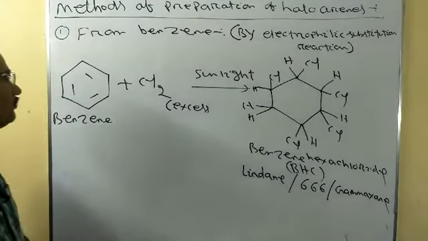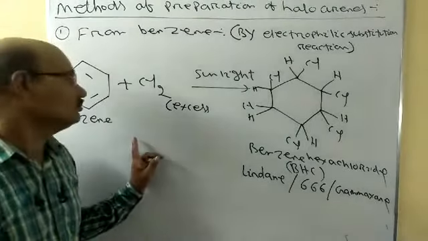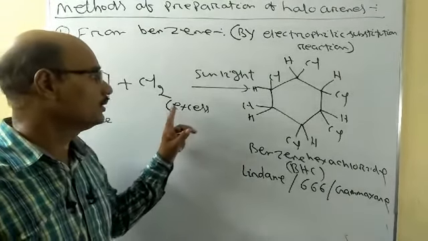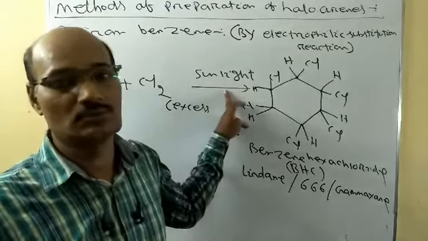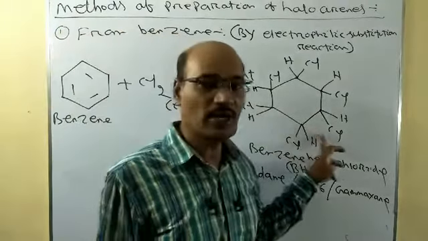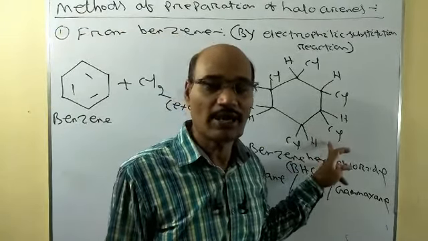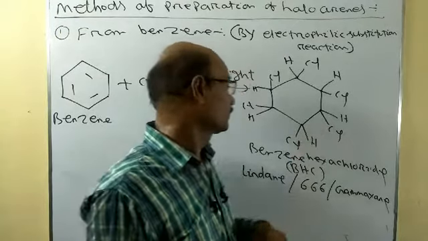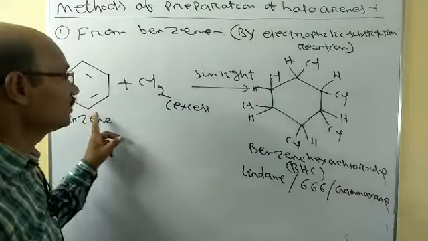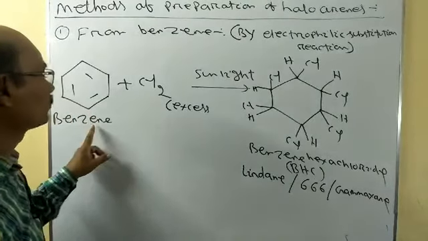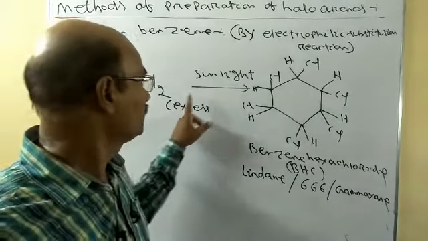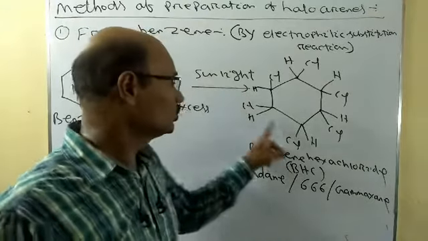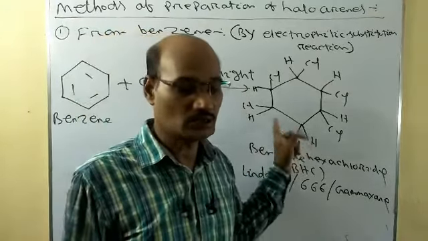Okay. So when benzene reacts with excess halogen in presence of sunlight, we get benzene hexachloride. When benzene undergoes halogenation in excess in presence of sunlight, it undergoes addition reaction to give benzene hexachloride.